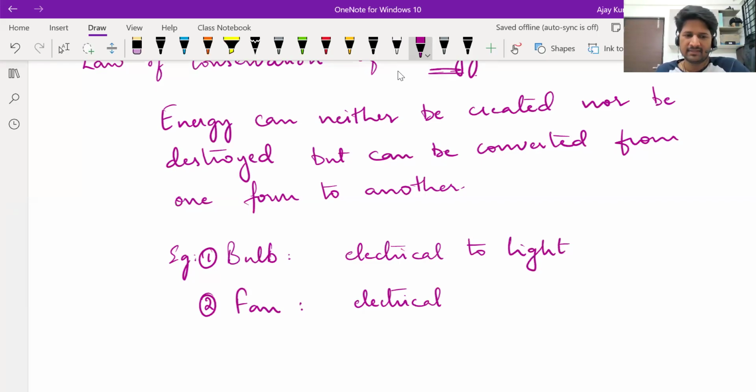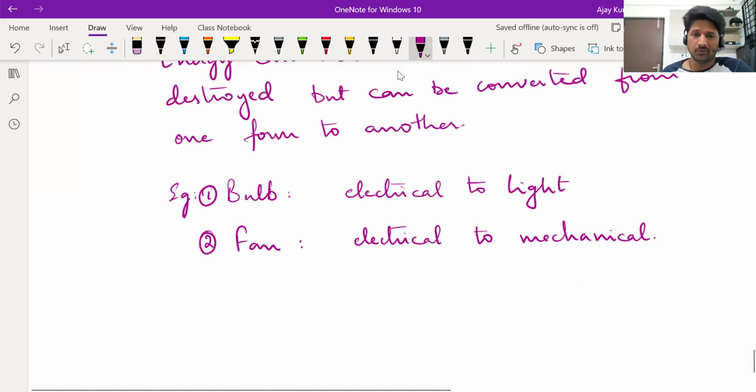Sir, wind. Wind. Okay. You can say mechanical energy. It moves air molecules. It gives kinetic energy to air molecules. So electrical to mechanical. Like tidal energy, wind energy is also a kind of mechanical energy only.